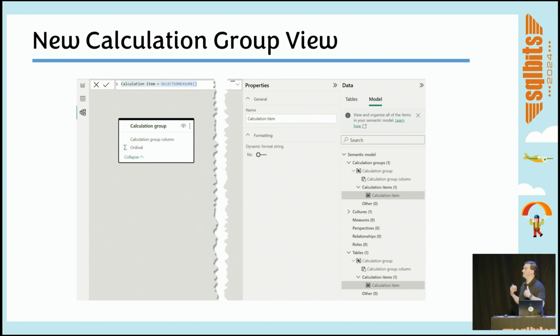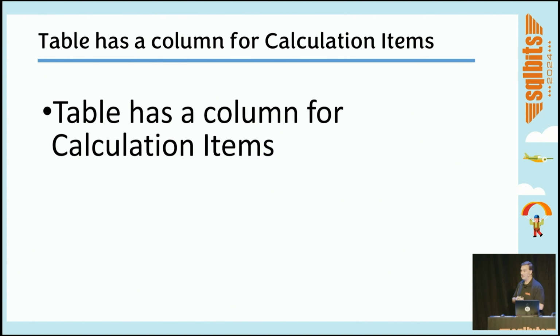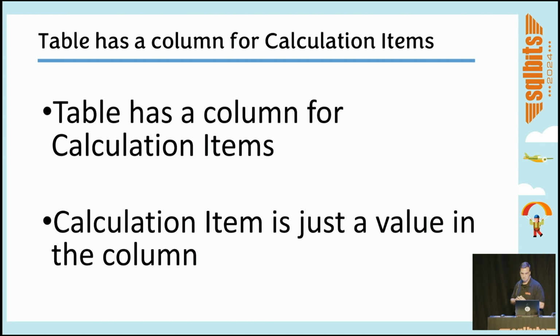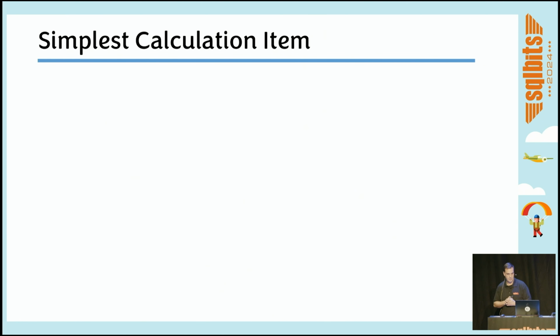And then now we're in the calculation group view. Calculation groups are not scary. They're just a table. It has a column that those calculation items are going to be stored in. It has our normal formula bar where we can create those calculation items.